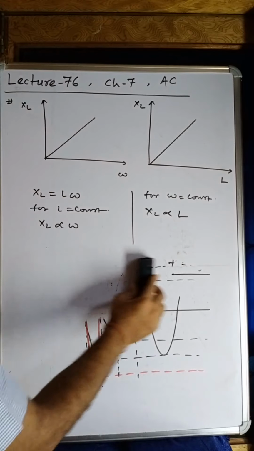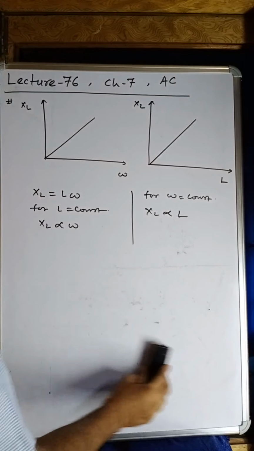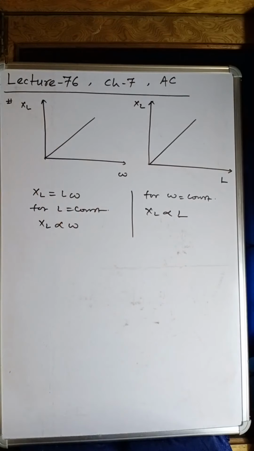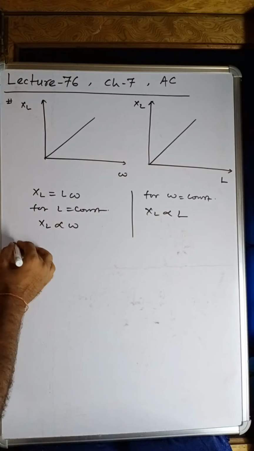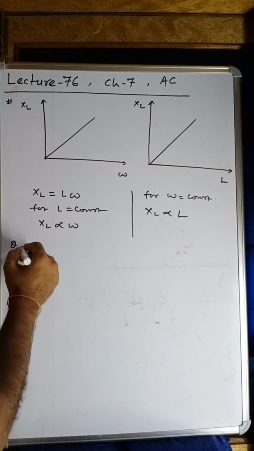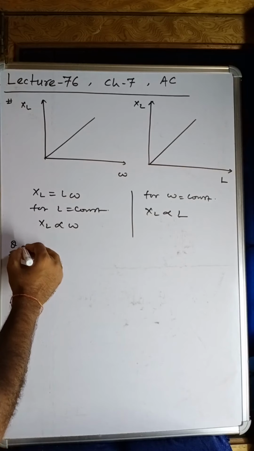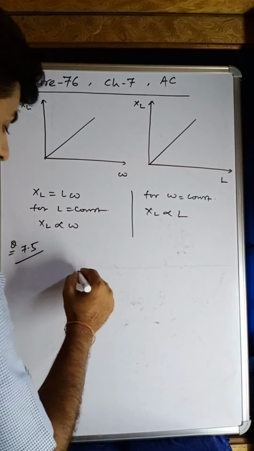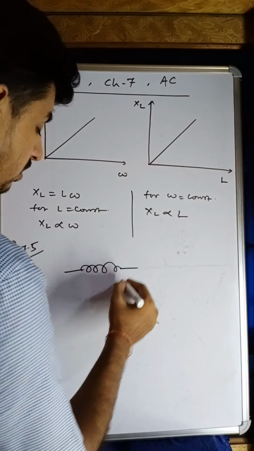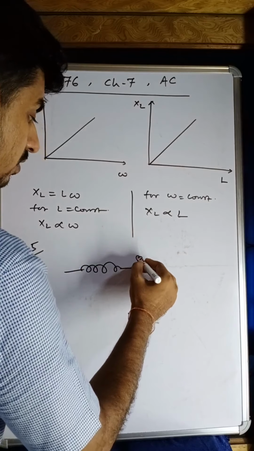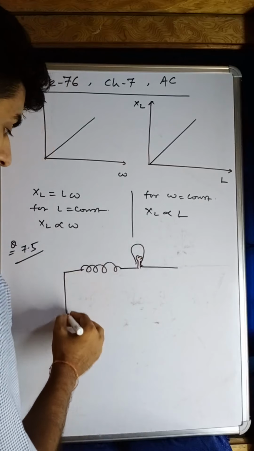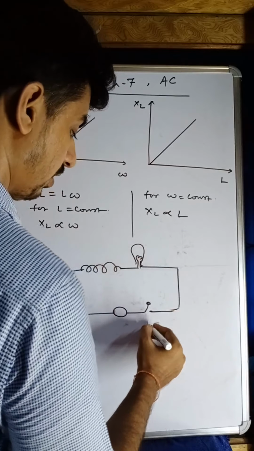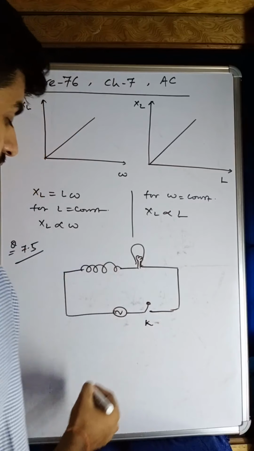Now one more question. This question I have taken from NCERT. This question was asked in board exam also. Okay, you can find this is example 7.5 I think of NCERT of this chapter. What is the question? There is an inductor and an electric bulb. When AC source applied, a switch is provided and the AC source.